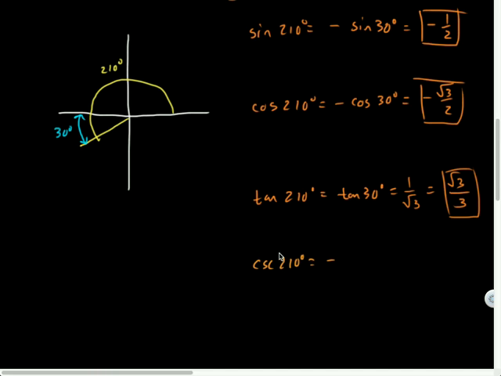If I was just asked straight up to find the cosecant of 210, I would write that as negative 1 over sine of 30. So it's the reciprocal of the sine function is kind of how I'd think about that. And then once I find sine, I could flip it. The reciprocal of negative 1/2 is just going to be negative 2. And it's still going to be negative because it has the same sign as sine.